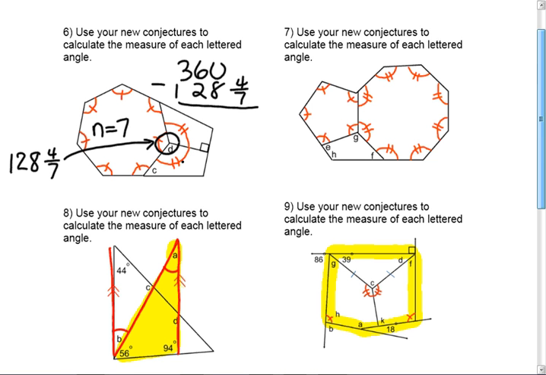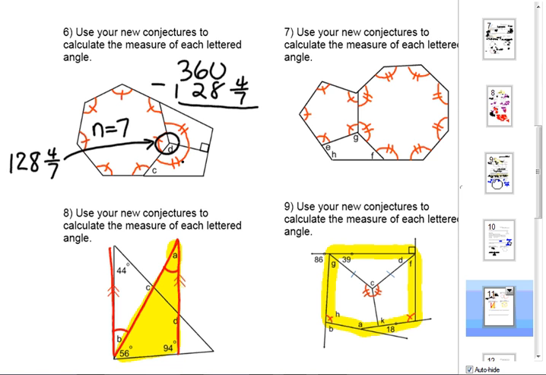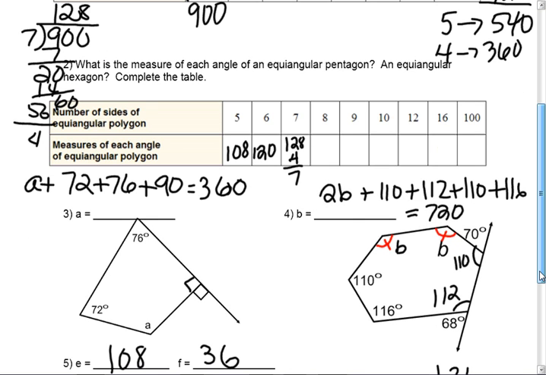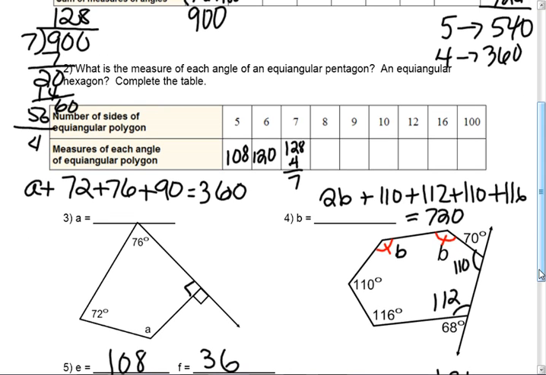No, we did that back here. Let's go back. We did that. I did the arithmetic right there. 128 and 4/7. I did the division. But if you want to do decimals, I don't care.